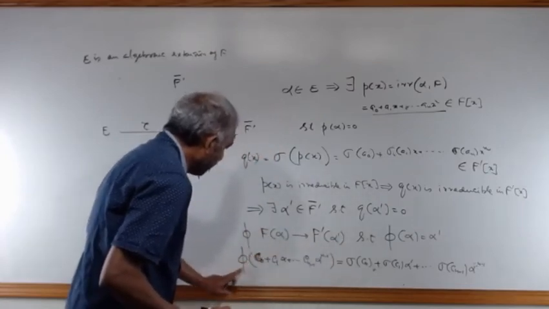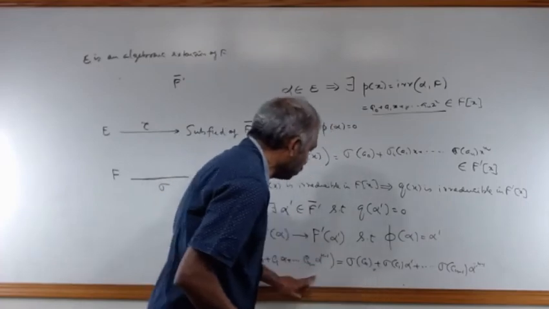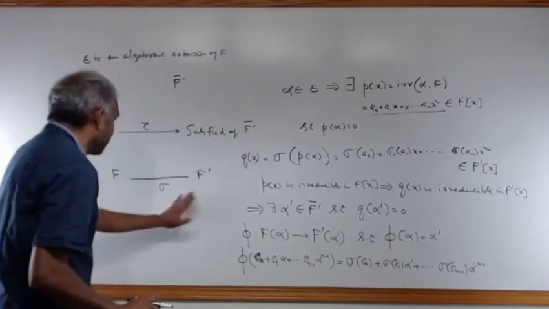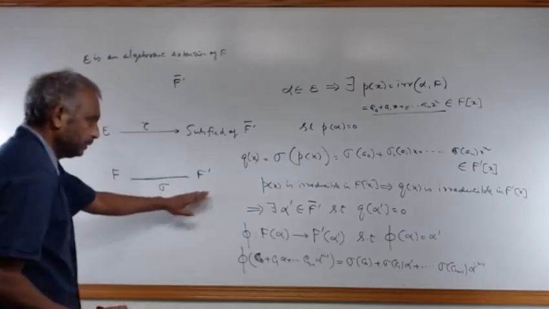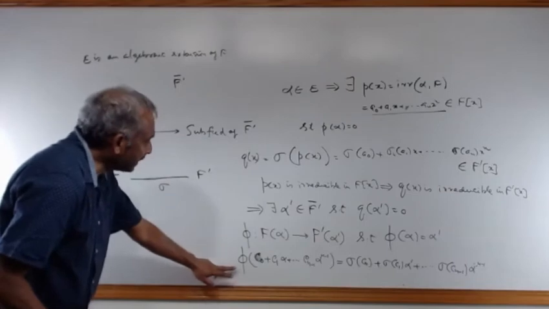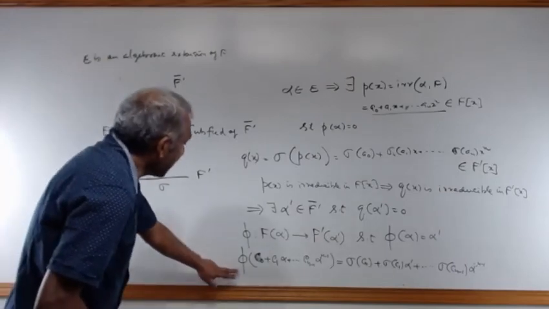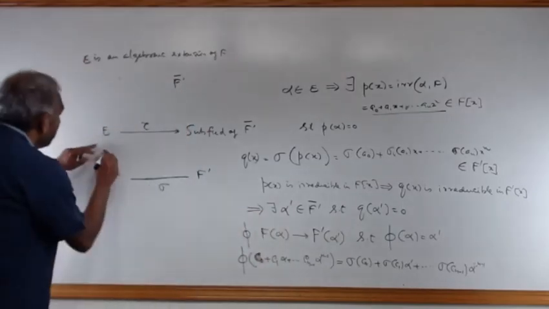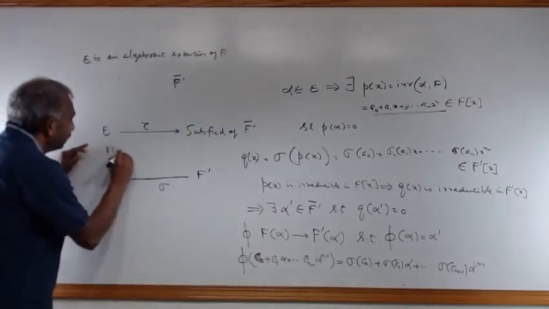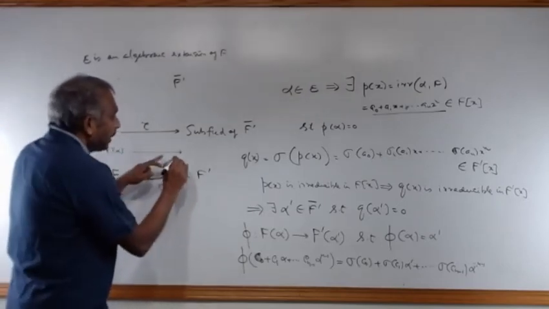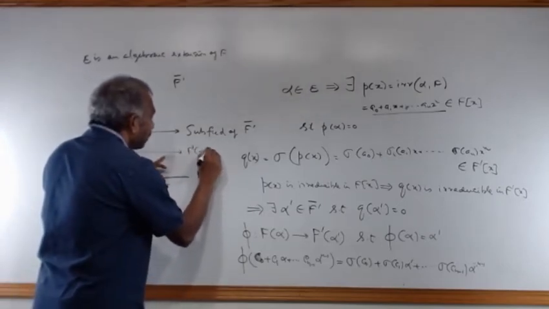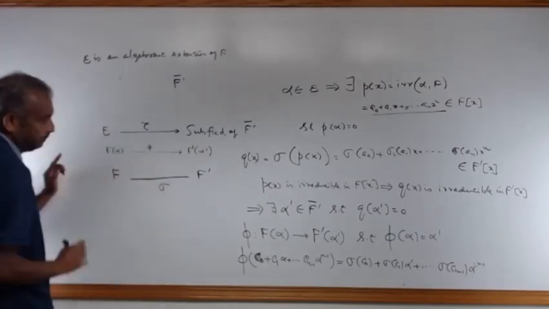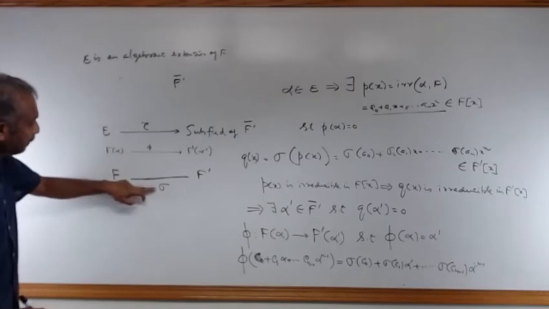So if you consider this map, this is almost like a conjugate map, but not exactly, because these elements are coming from two different fields. But this is an extension. This is a map from F(alpha) to F'(alpha'), meaning it is somewhere here. So we reached here. This is our alpha, this is our phi. So we can extend sigma to phi.